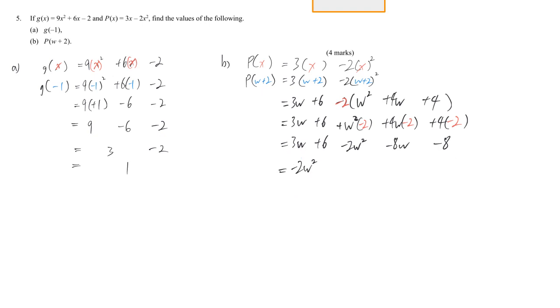We look for w terms. We have positive 3w, we have negative 8w. No more w, then we look at the constants, that means the number only terms. We have positive 6, negative 8. So we have negative 2w squared, minus 5w, and then minus 2. That's the simplest form of this expression. And then 1 mark is for substituting, the second mark is for the answer here.